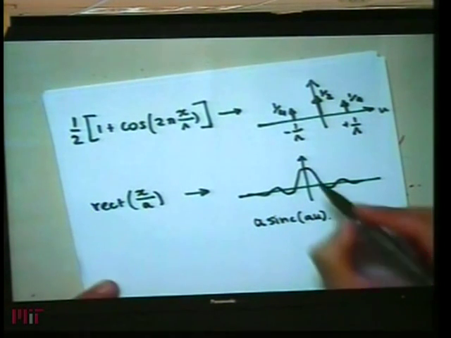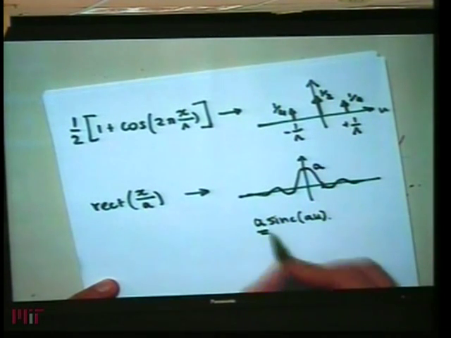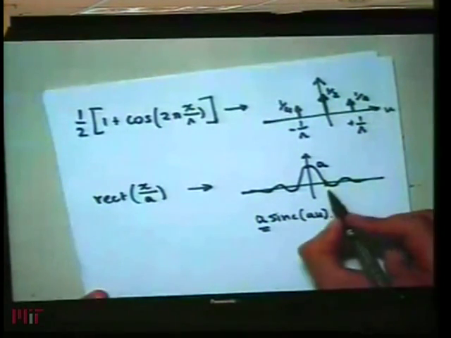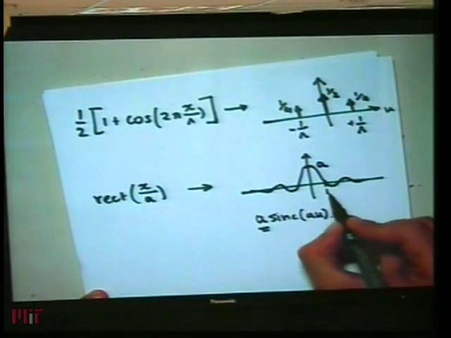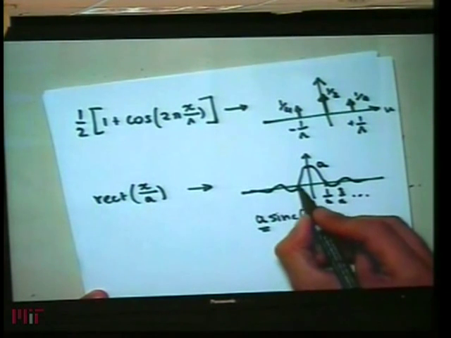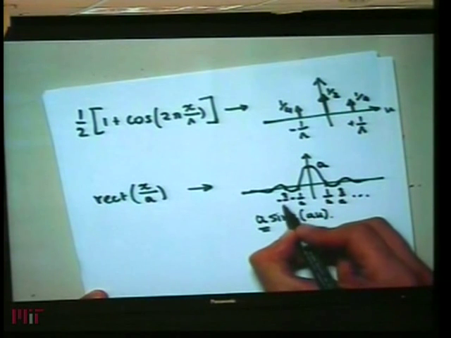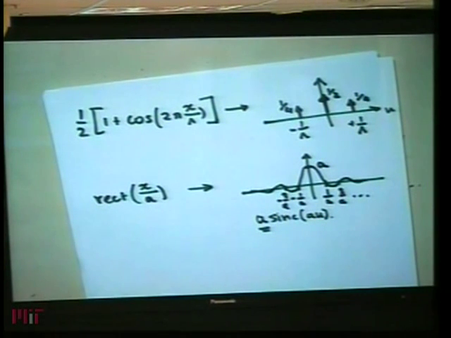The height of this function is a by virtue of the scaling theorem, and then the nulls go like 1 over a, 2 over a, and so on, and then symmetrically on the negative side, minus 1 over a, minus 2 over a, and so on. So these are 2 Fourier transform relationships.